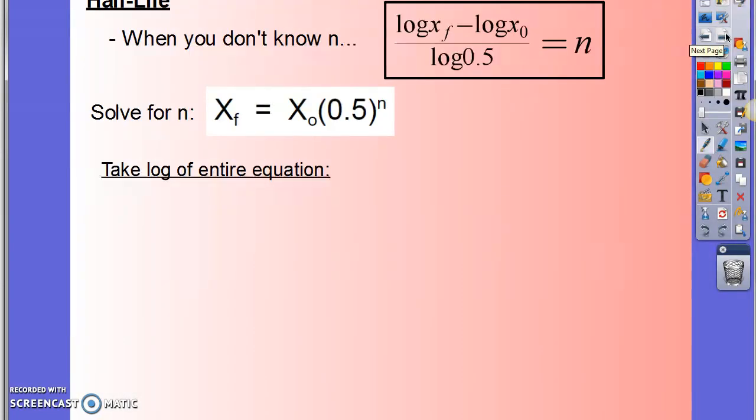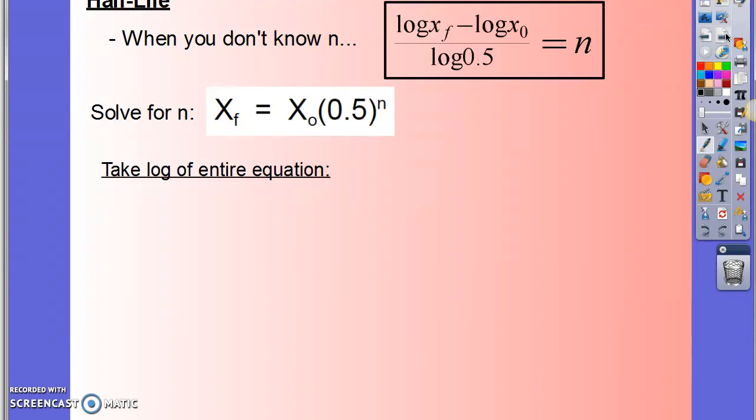There might be some cases in which you do not know how many half-lives have gone by because you don't know the value of one of your times. And in this case, we have to use the equation that's up in the top right box. Log xf minus log x0 over log 0.5 equals n.